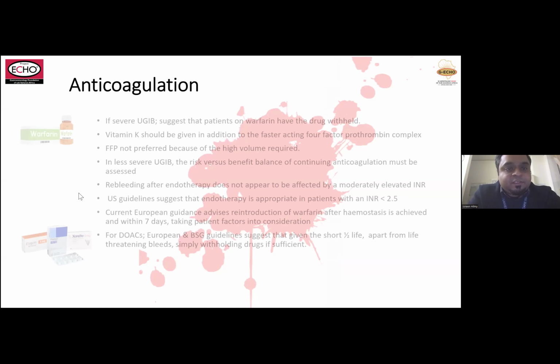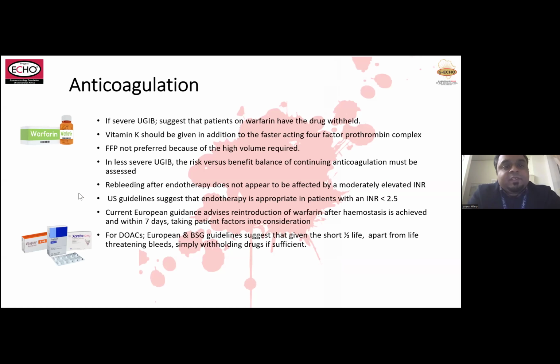Regarding anticoagulation, if there's severe bleeding in a patient on warfarin, the drug has to be withheld. We would give vitamin K in addition to the faster-acting 4-factor prothrombin complex. FFP is generally not preferred because we need to use a lot of volume to get the benefit of it.